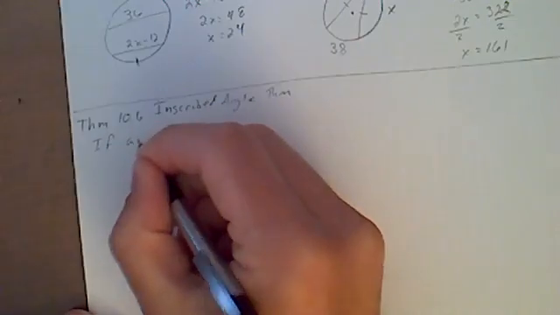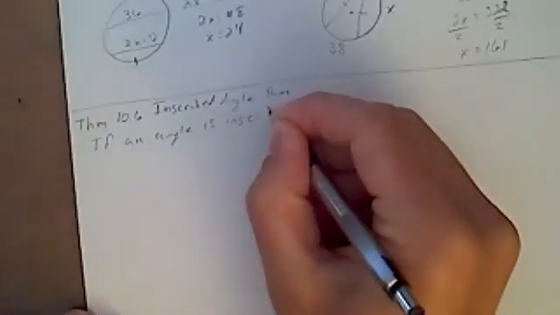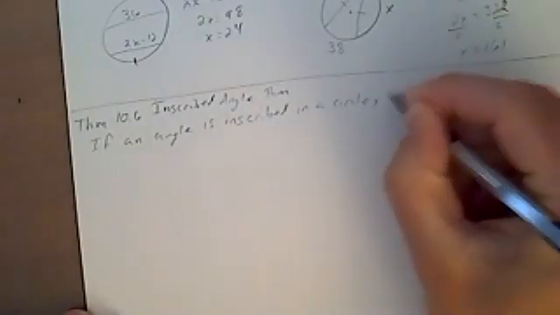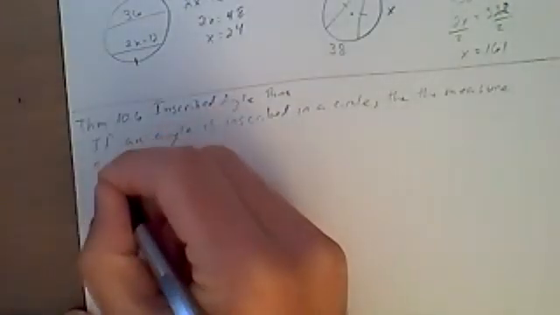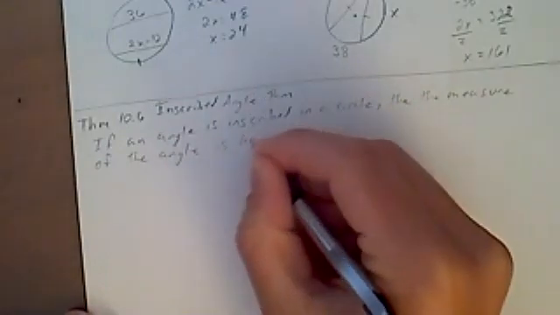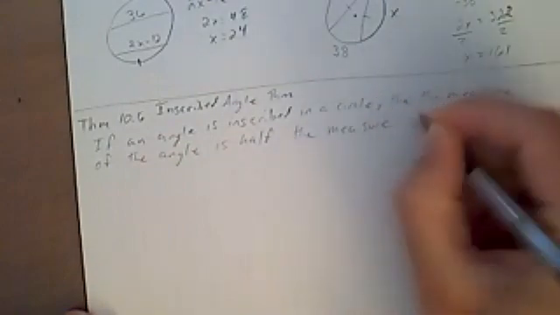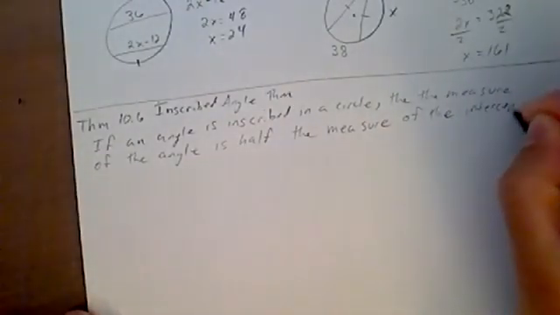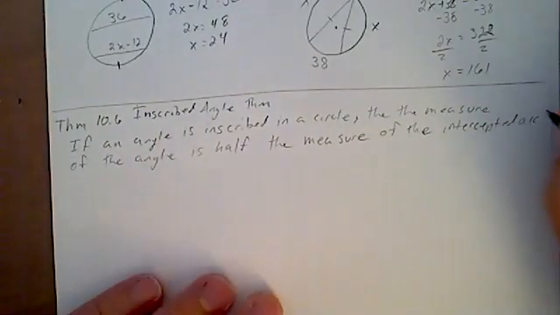This says if an angle is inscribed in a circle, then the measure of the angle is half the measure of the intercepted arc.